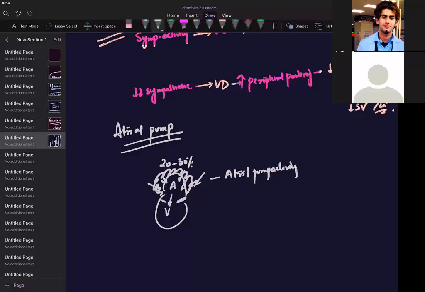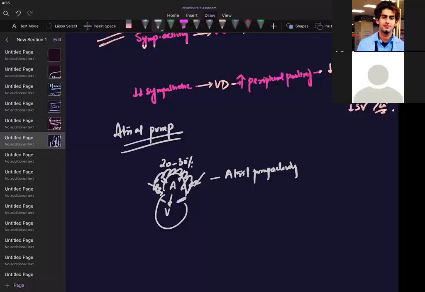No. But once you have increased demand situations, like exercise or strenuous activity, or sympathetic stimulation, what will happen? Atria will say, oh, he is in need of more blood, I should give more blood towards the ventricle so that the ventricle can supply more blood towards the periphery. So the atrial pump will work in conditions of exercise, stress, or extreme sympathetic activity.